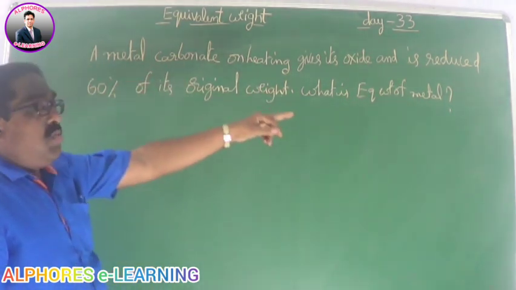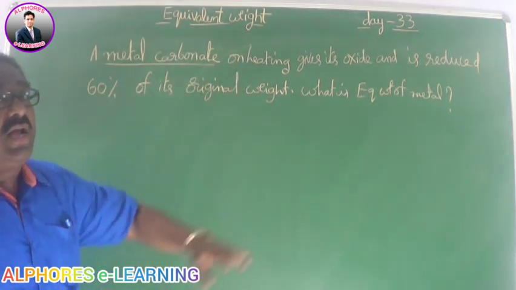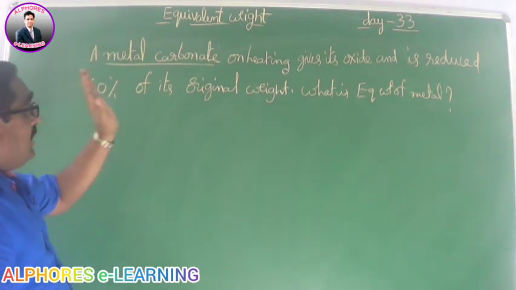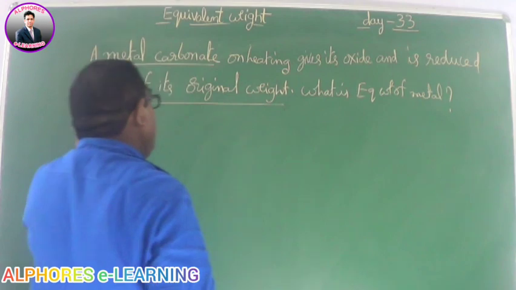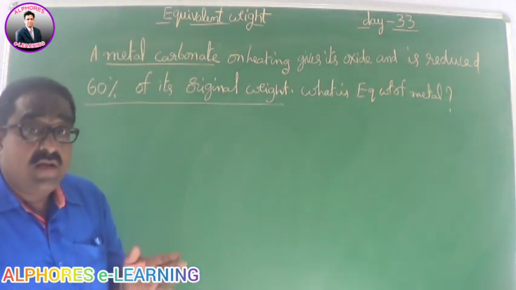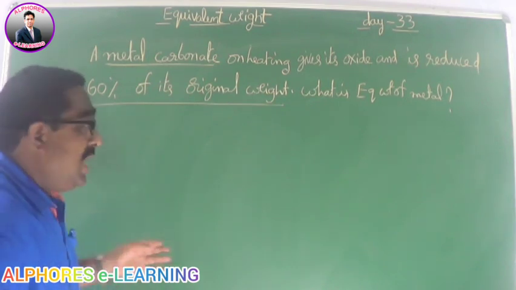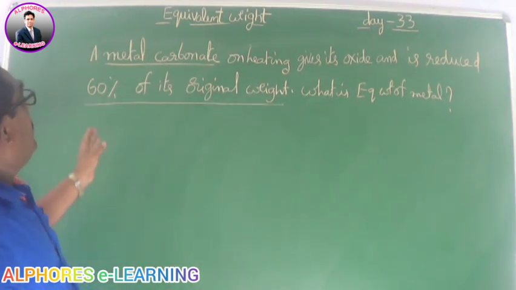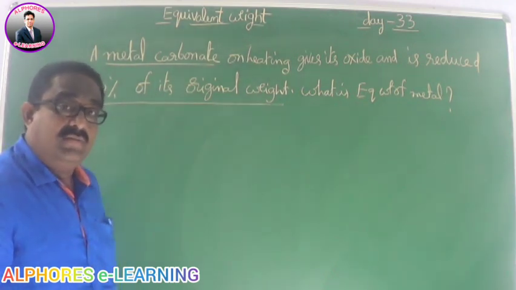A metal carbonate on heating gives its oxide and is reduced to 60% of its original weight. It means if you start with 100 grams of metal carbonate, finally it will be left with 60%, 60 grams.